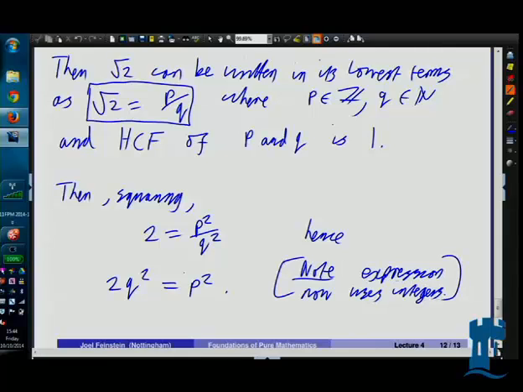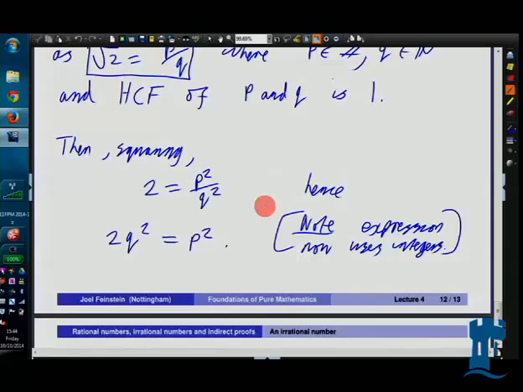You don't want to look at this first one and say something like p squared over q squared is even, so p over q is even. That would not be a good thing. Make sure everything you're talking about is integers. So p squared is even, and by the result we just proved, if p squared is even, then p must be even.